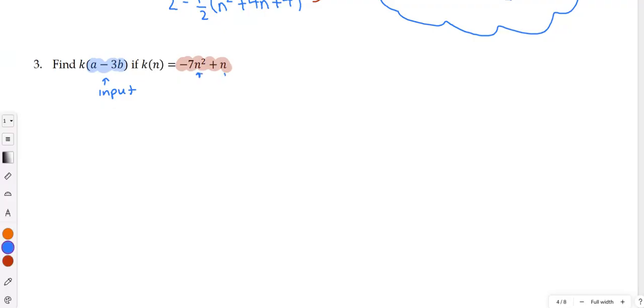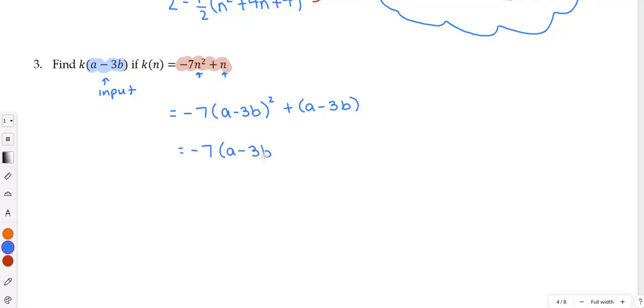Every single n is going to be replaced with this a minus 3b. So we get negative 7 times a minus 3b, parentheses, squared, plus a minus 3b.